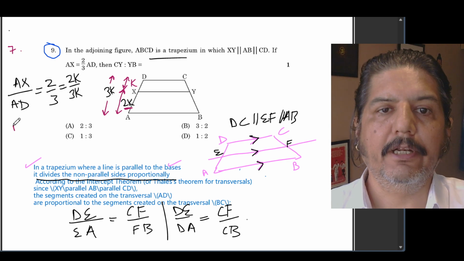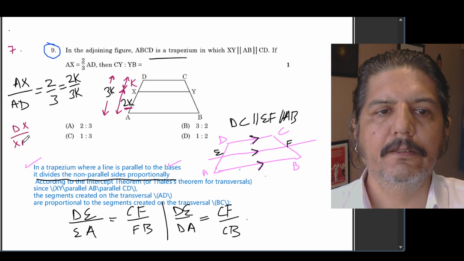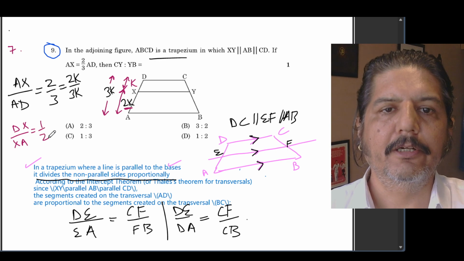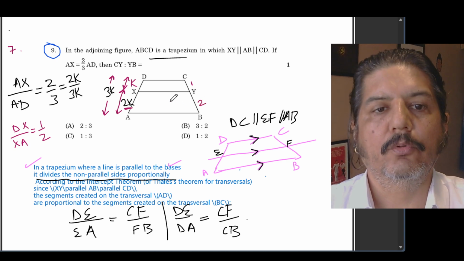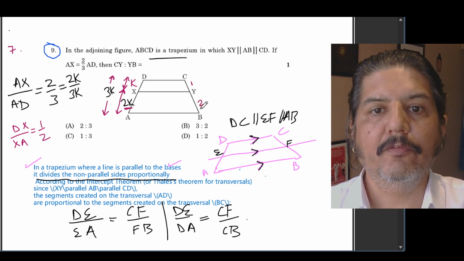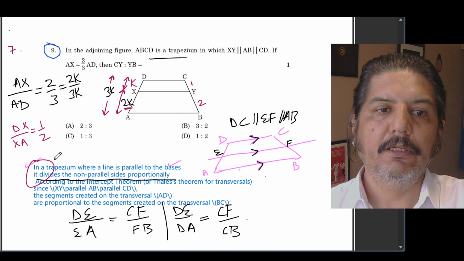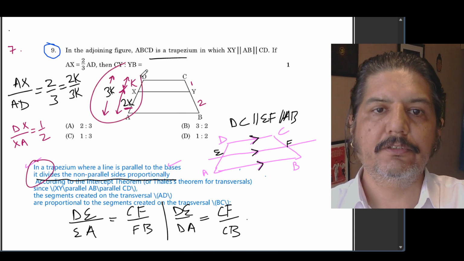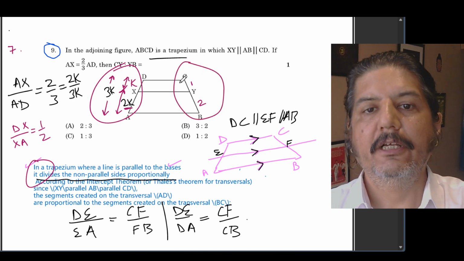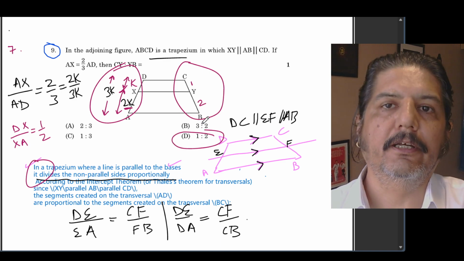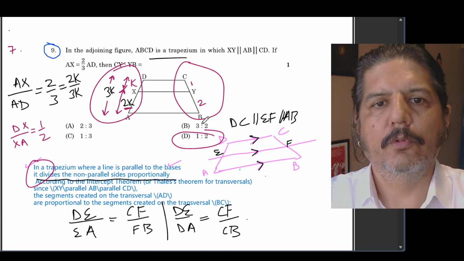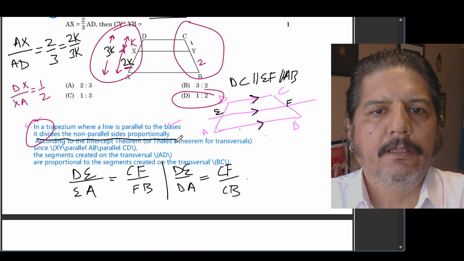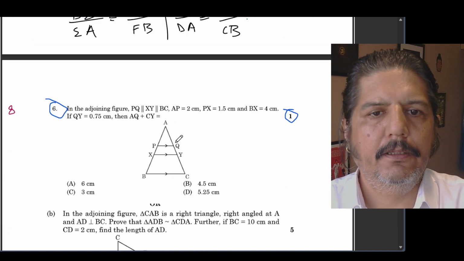So this upon this is 1/2. As per this theorem, the ratio on this side would be equal to the ratio on this side. So CY upon YB would be equal to 1/2. So D is the correct answer. Interesting question, and I hope you understood what I have done. Okay, next question.